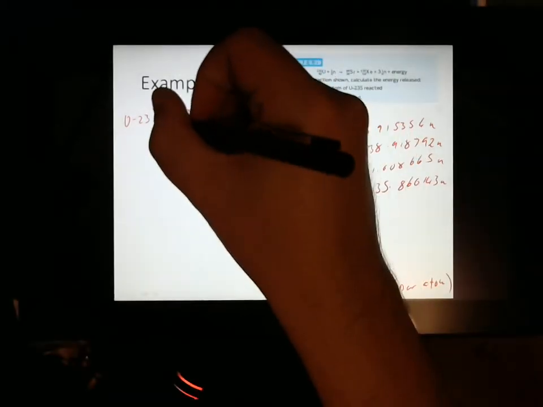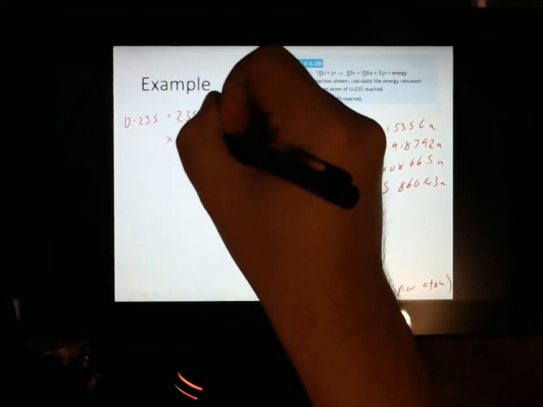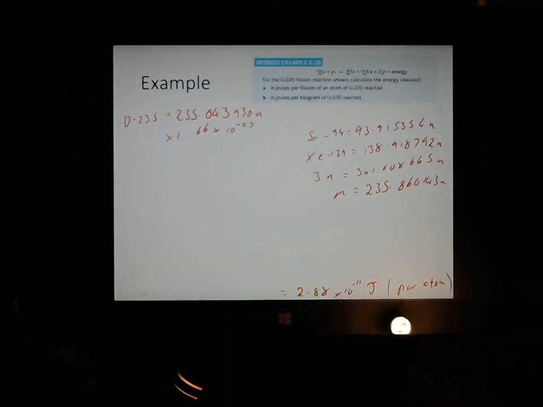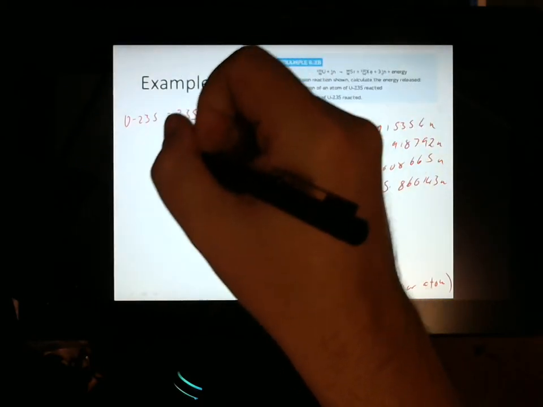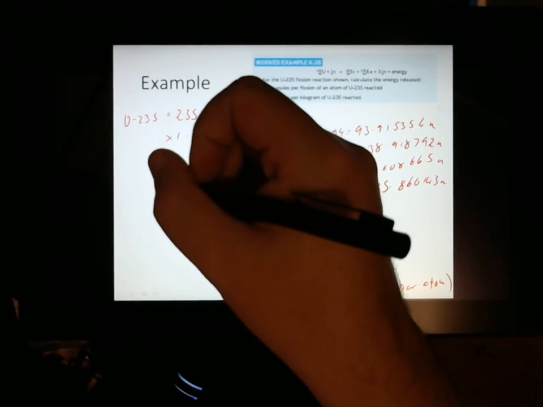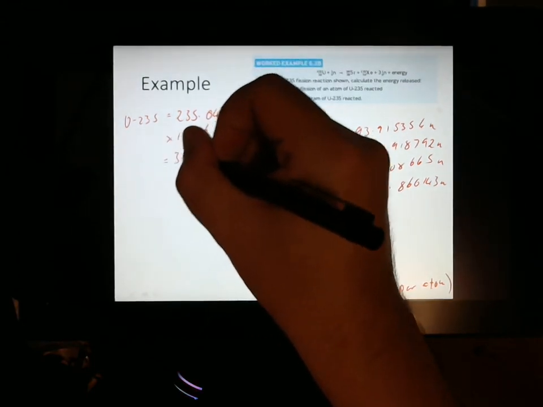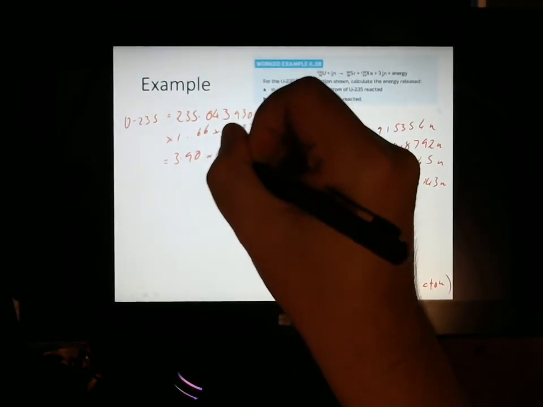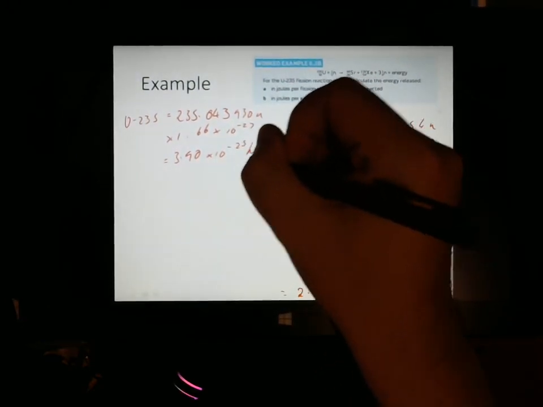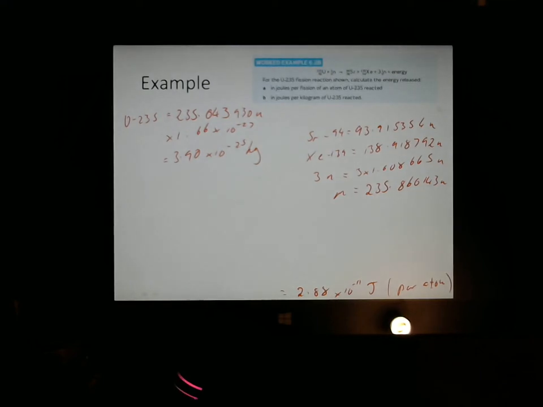So we're going to multiply that by 1.66 times 10 to the negative 27, because remember, 1 AMU multiplied by this gives us how many kilograms that 1 AMU is. Multiply that together, we get, and there is an error in the text on this because they've forgotten the negative power, 3.90 times 10 to the negative 25 kilograms. Okay, so that's the mass of one atom.